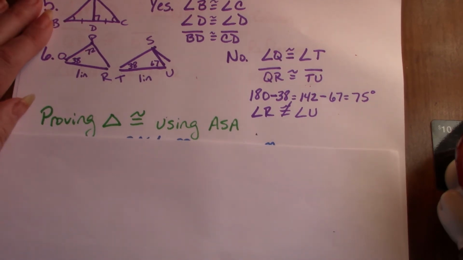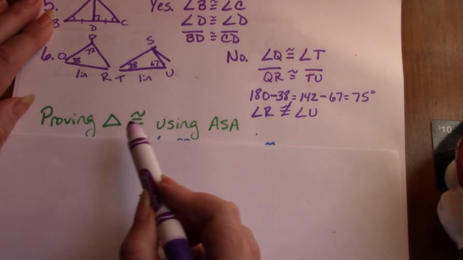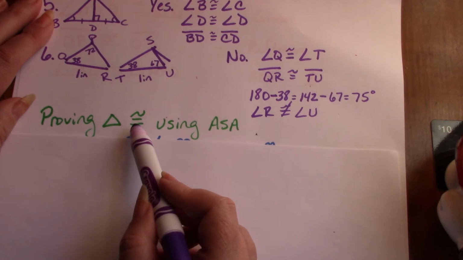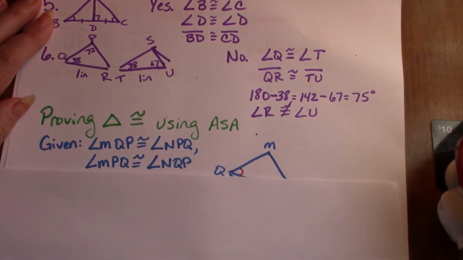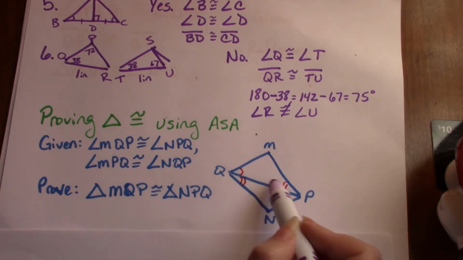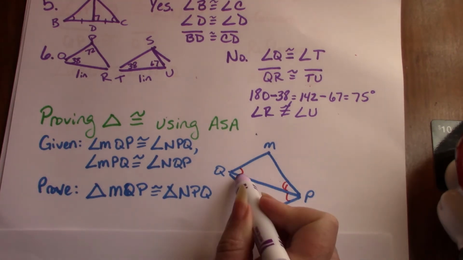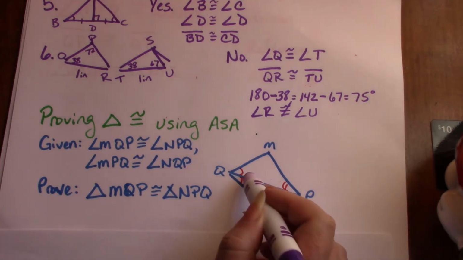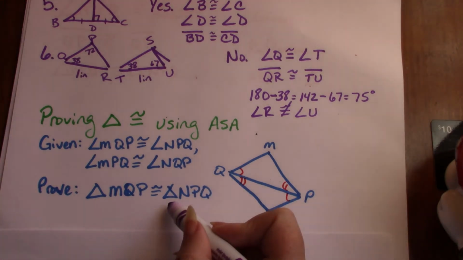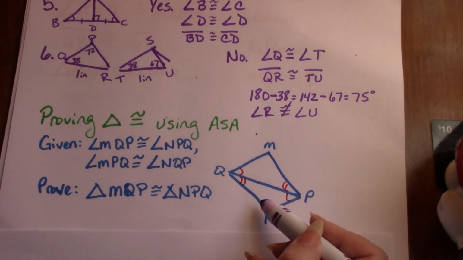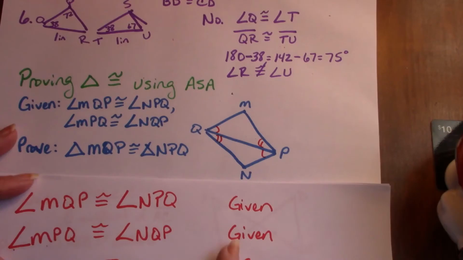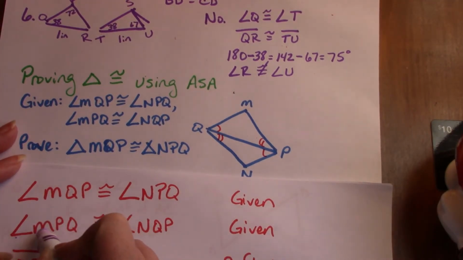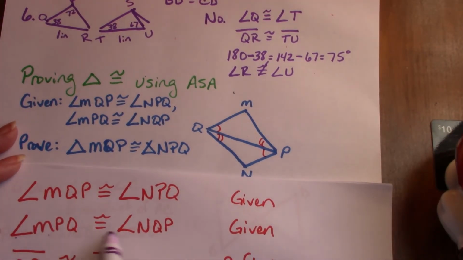And now let's see how we can use the angle-side-angle theorem in proving triangles are congruent. Here we have given that this angle is congruent to this angle, and that this angle is congruent to this angle, and the question is, can we prove that these two triangles are congruent? Well, first we know these two because they're given.